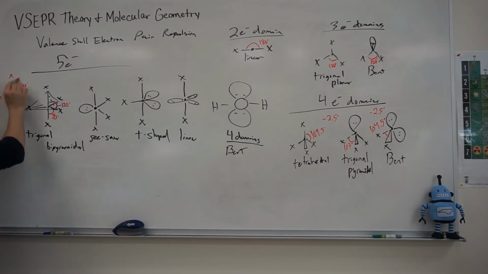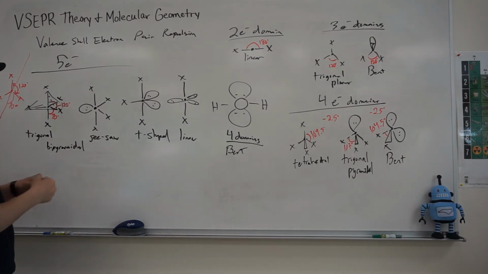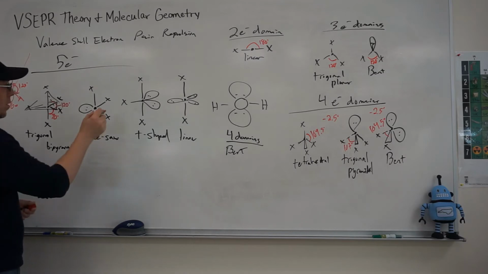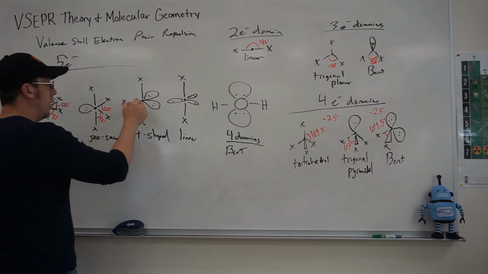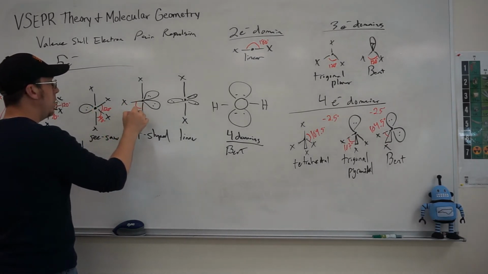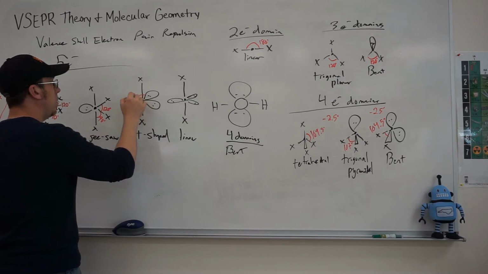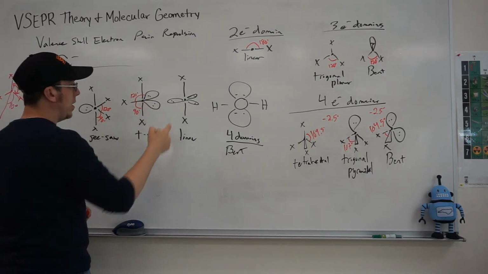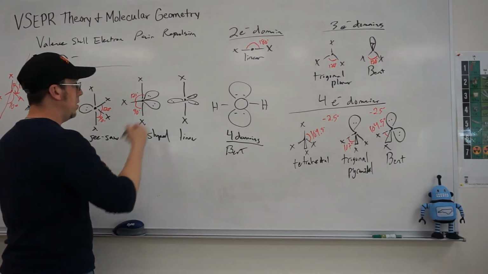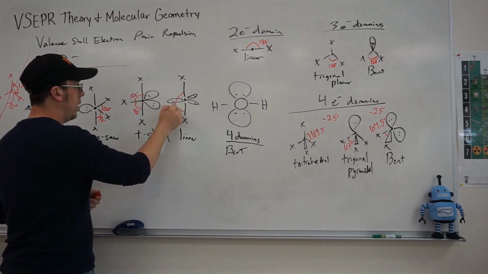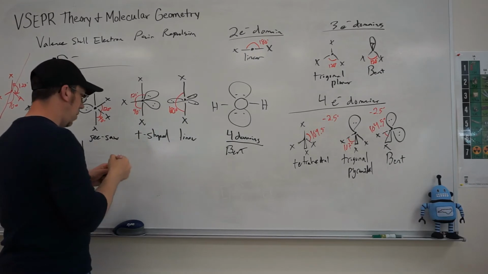And if I go up and below, this bond angle here is 90 degrees. Now if we go to this one here, it doesn't change. So you have 90 degrees again, and then 120 degrees. And then this one here, same, this one's 90 degrees, and this one here is 120 degrees. And last but not least, this is a linear structure, so this one here is 180 degrees for its bond angle.